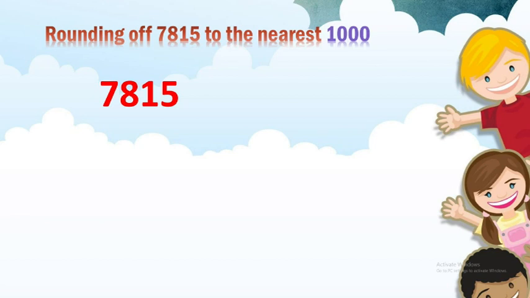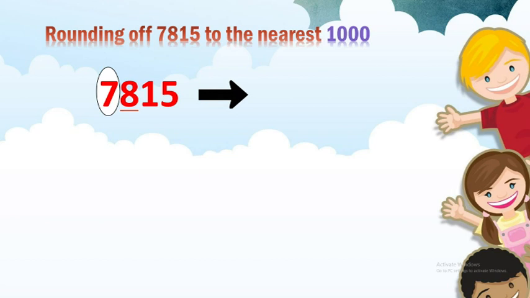Okay, let's check the answer. Students, in this number, which number is in the thousands place? Very good, 7. You have to circle it, right? Did you all circle the thousands place?